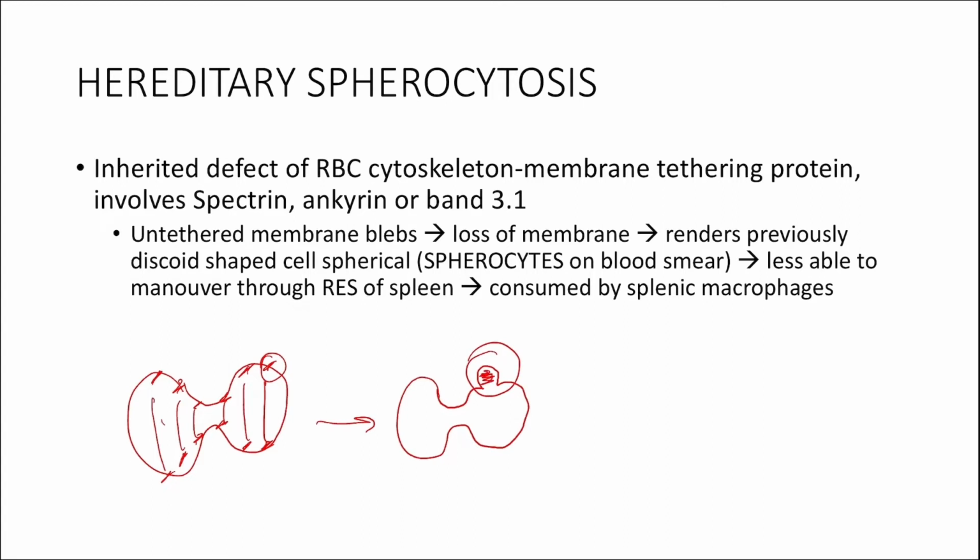These blebs are taken off by the macrophages as they pass through the spleen, and eventually you'd lose more and more of the membrane, rendering the older RBCs spherical. This means that the unique ability of the red blood cell to be flexible is not present anymore. And so when it passes through the meshwork of the reticuloendothelial system, it is lysed. And therefore you have symptoms of extravascular hemolysis.